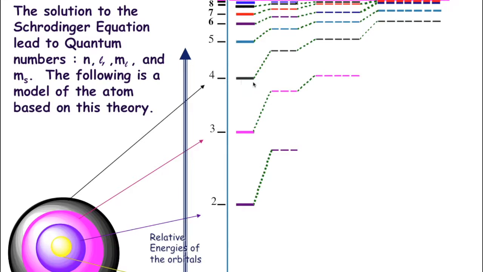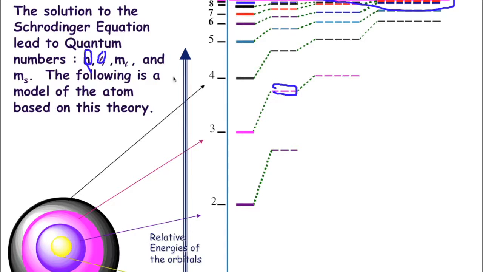Each of these electrons in these suborbitals has an address. n tells you the level: first, second, third, fourth, fifth. l tells you the type of orbital: an s, a p, a d, or an f. m sub l, also called the magnetic or angular momentum quantum number, tells you the different types of suborbitals.